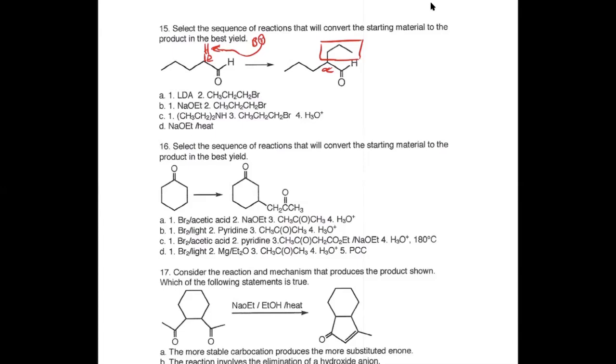So we said it was diisopropyl, so we have two isopropyl groups connected to the nitrogen, and a minus charge on that nitrogen. That's a strong base. But isn't it also a big, bulky base? Yes, and the fact that it's bulky is also very important. So it's a bulky base, and a strong one too.